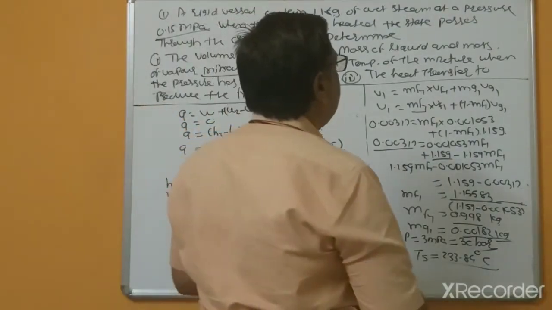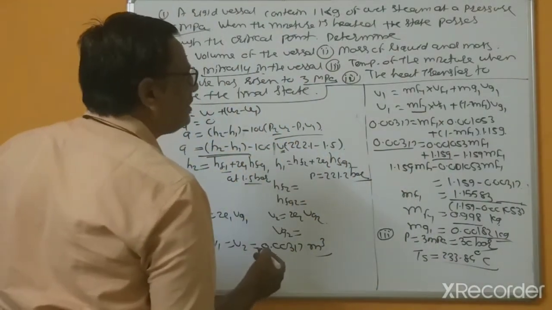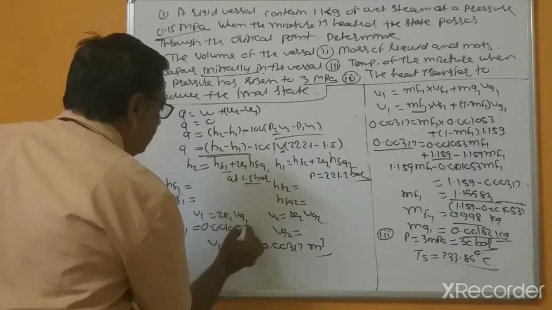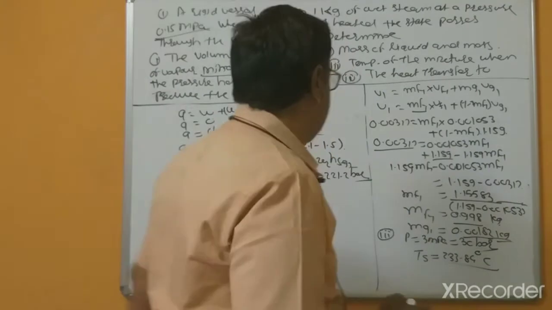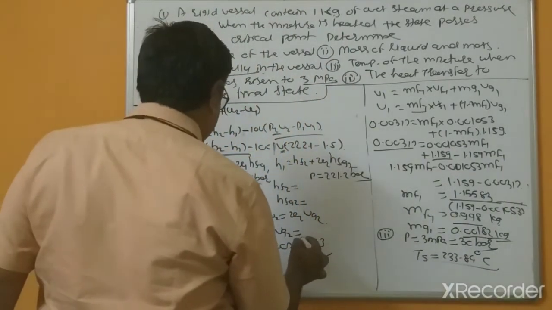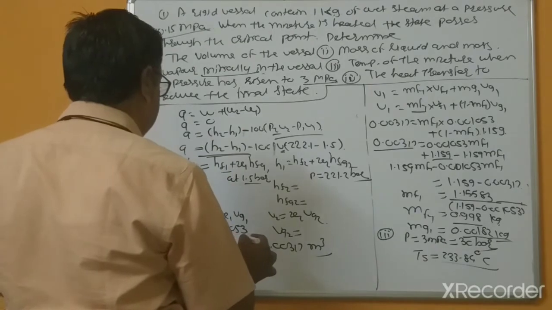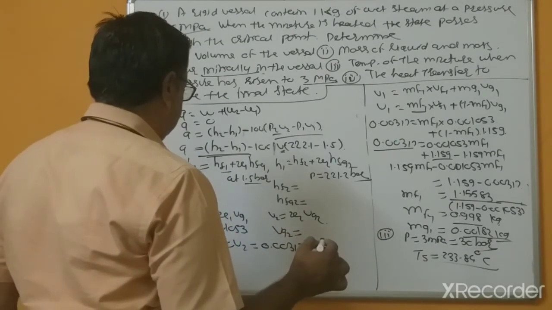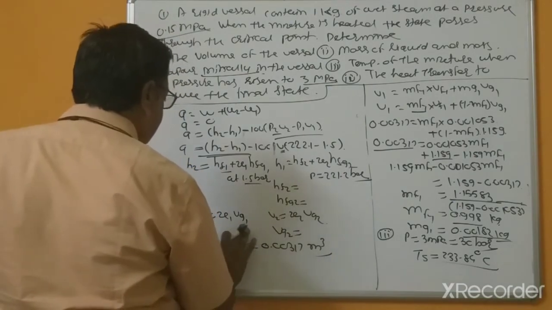Vf1, oh, we already calculated, means extracted that. Vf1 is equal to 0.01053, and this Vg1. We require this Vg1s only.